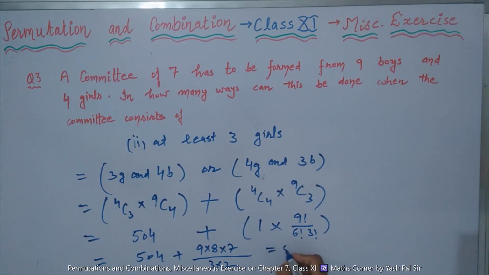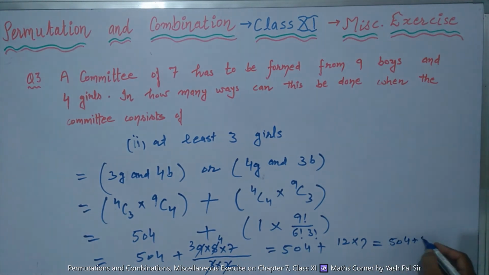So this is equal to 504 plus 3 3s are 9, 2 4s are 8, 4 3s are 12, 12 into 7. Right? That is equal to 504 plus 12 7s are 84. So finally we have this is equal to 588.